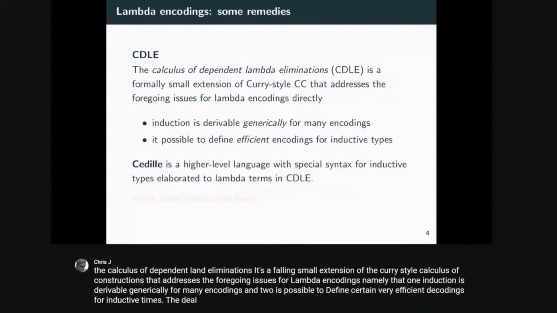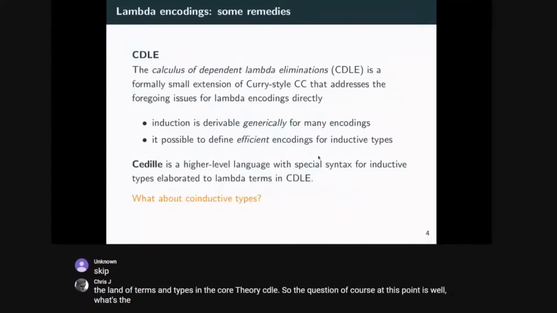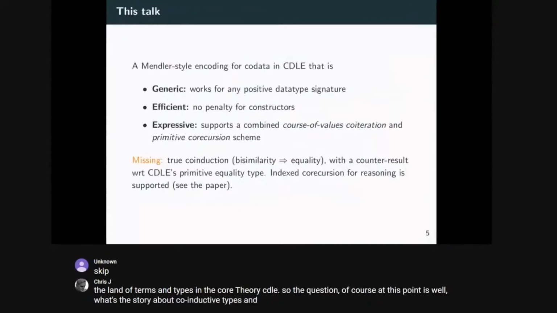Cedille is a higher level language that has special syntax for inductive types that gets elaborated down to the lambda terms and types in the core theory of Cedille. So the question, of course, at this point is, well, what's the story about coinductive types? And that is the subject of this talk.